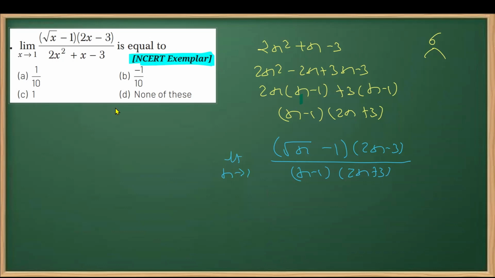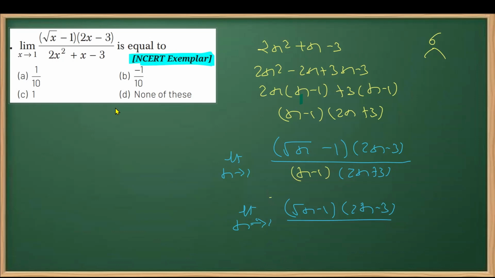Now check here, we can factorize this further. Let me show the working, limit x tending to 1, under root x minus 1 over 2x minus 3 and 2x plus 3. They cannot be cancelled, so let it be as it is.